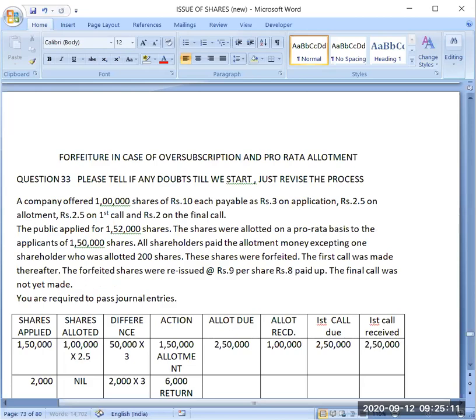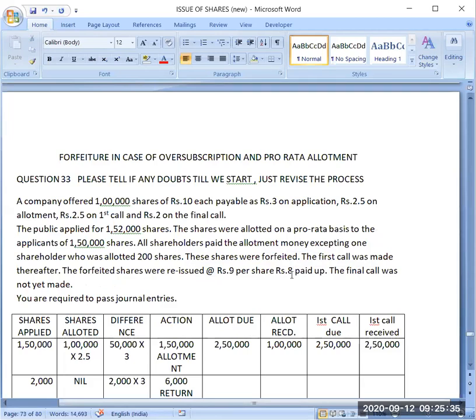Now see, at the rate of rupees 9 per share means that you will be receiving rupees 9 per share. You are issuing shares at the rate of rupees 9 each. But what amount will we be writing in the capital? What amount of capital will be assumed to be paid up? Only rupees 8 per share.